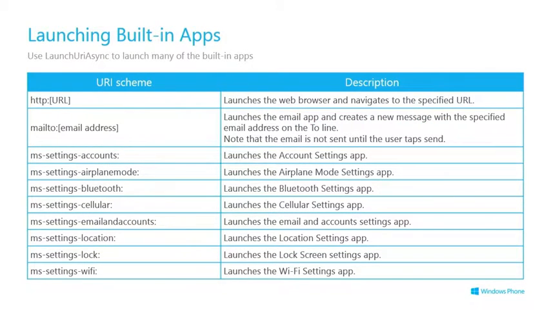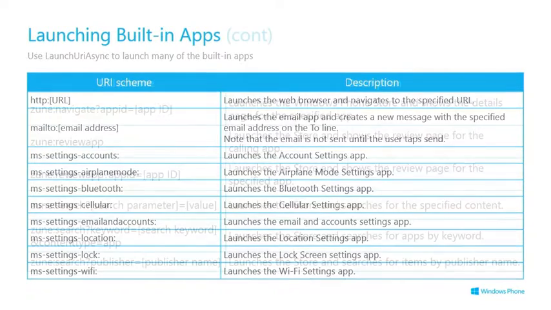This is the list of URIs that you can use to launch some of the built-in apps. As you see, we can launch the web browser, so you could do that with the web browser task. Mailto email address, and also you can put other stuff in the query string parameters. And then various ms-settings URIs you can use to launch into the specific airplane mode, Bluetooth, cellular, email, and account settings. So some of the fine-tuned settings dialogs that are in the phone settings APIs.